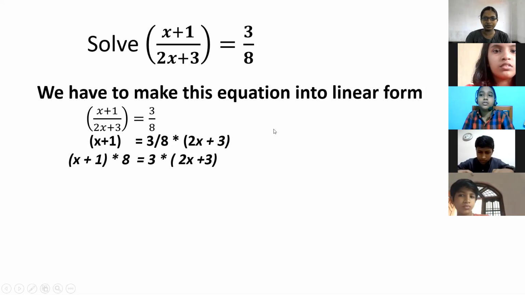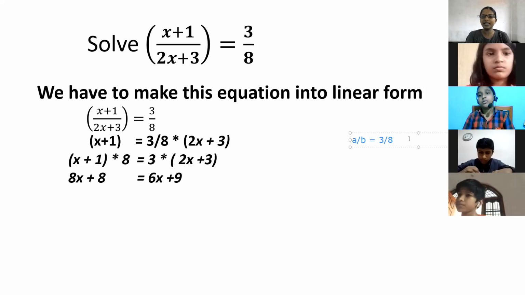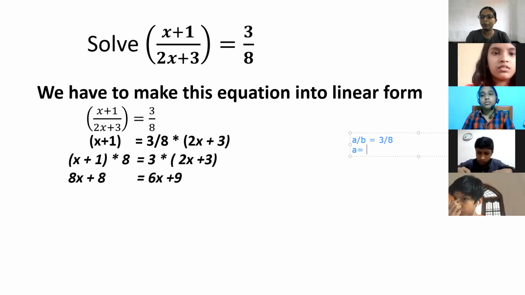Okay. For that, I'm choosing another fraction. Just consider a by b. This is a fraction. And a by b is equal to 3 by 8. Consider this equation. Then here the denominator is b, and I want to find the value of a. How will you find the value of a? We have to move the b into RHS.